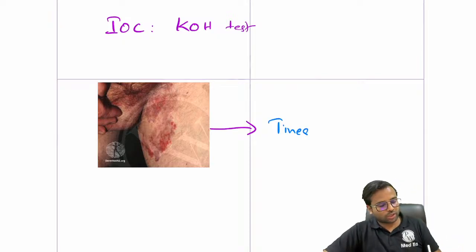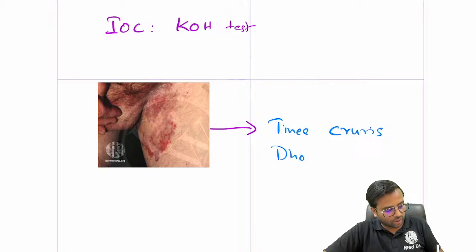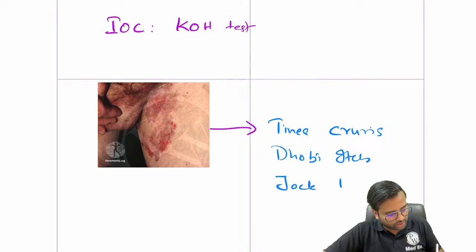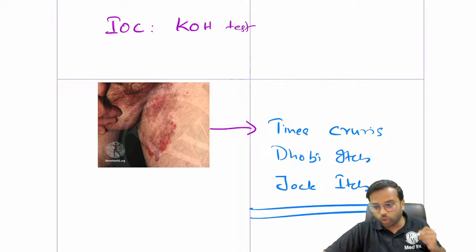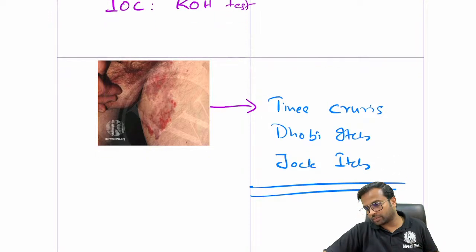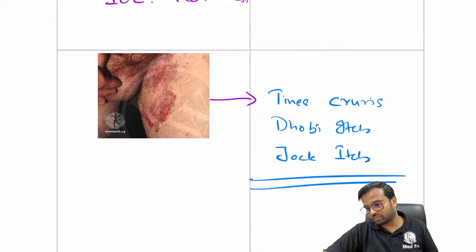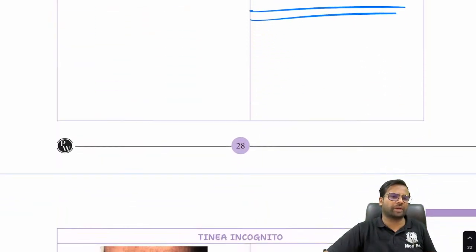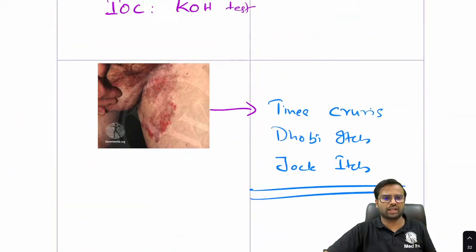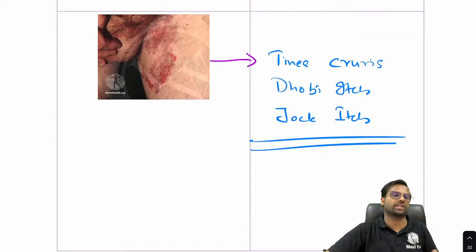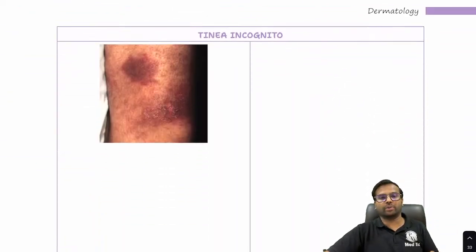Yes. So this is called tinea cruris, also called the dhobi itch. Tinea versicolor, I'll show you the image. It is not tinea versicolor right now. This is going to be the groin area. That's why we call it tinea cruris.